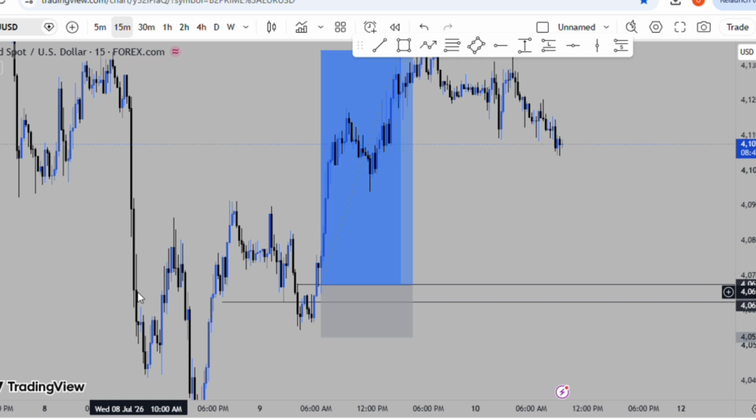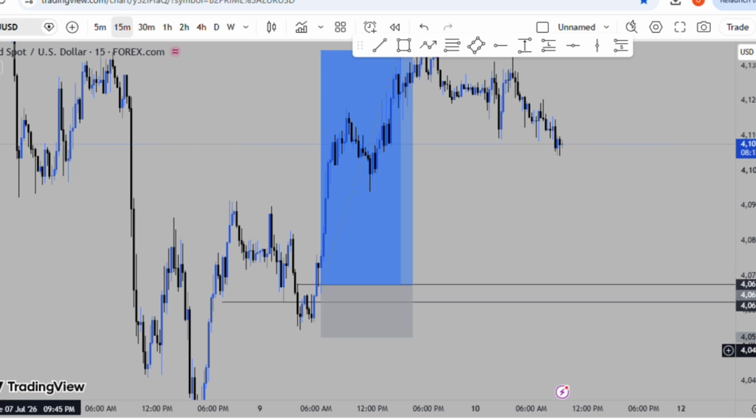Then we are using our 15-minute time frame to mark out any candlestick that purges the liquidity to the upside or to the downside. Then we are also using our 15-minute time frame as a model 1 entry.